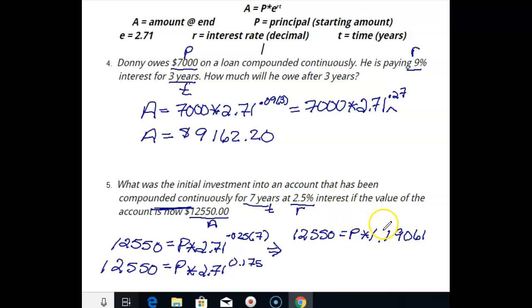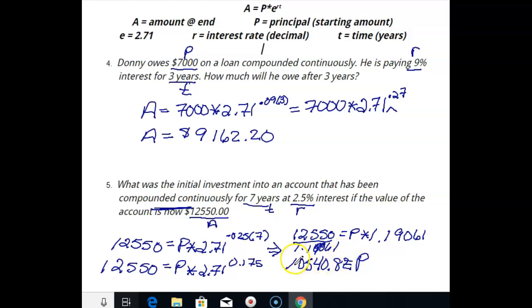So P times 1.19061. I'm going to divide 12,550 by that decimal. Sorry, so when I divide by 1.19061, sorry for the poor handwriting there, I get $10,542.82.